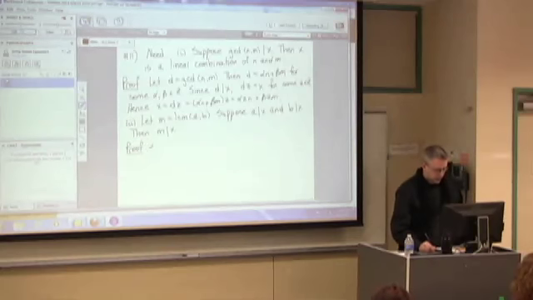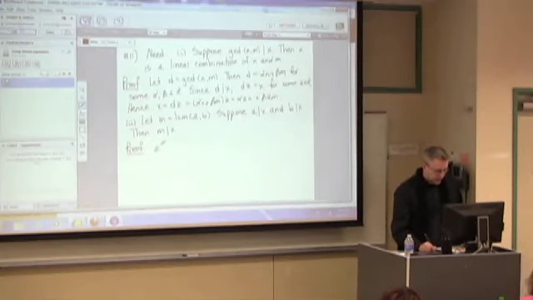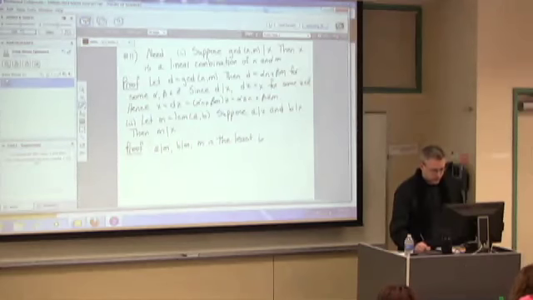Okay, so what do we know about m? Well, if m is the least common multiple of A and B, we know that A divides m and B divides m, and m is the least positive integer with this property.